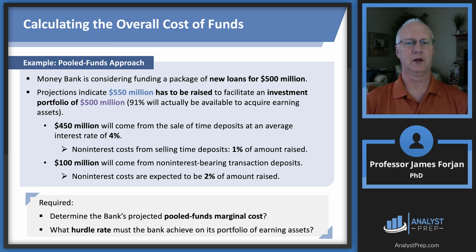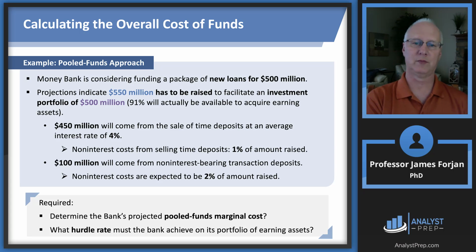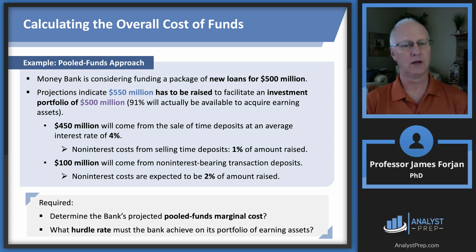So let's go ahead and look at an example. Let's suppose we have a funding package, new loans, $500 million. We're going to raise $550 million to facilitate an investment portfolio of $500 million. So 91% will actually be available to acquire the earning assets, which means 9% will not, right?